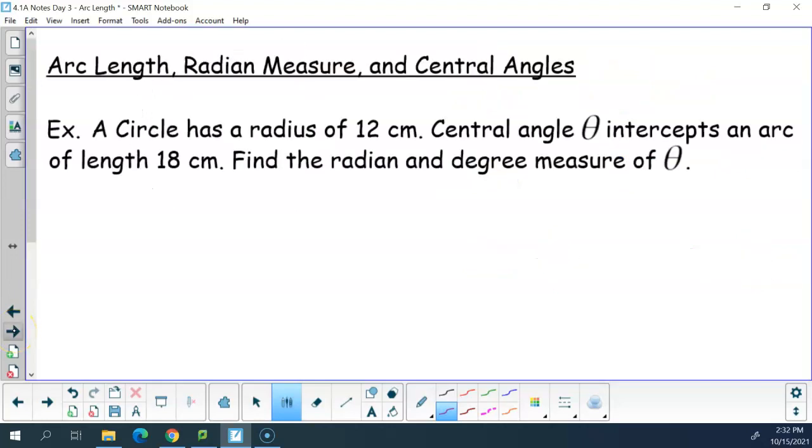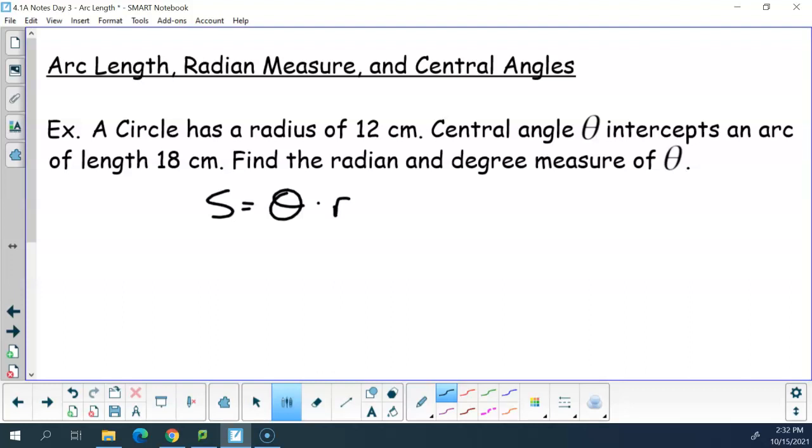Let's put these to work. So we've got a circle with a radius of 12 centimeters. A central angle intercepts an arc of length 18 centimeters. Find the radian and the degree measure of theta. Well, we can handle that. We can say that s is equal to theta times r.